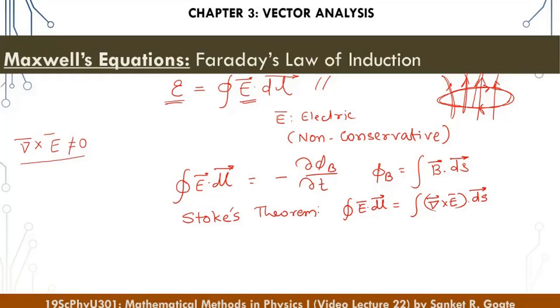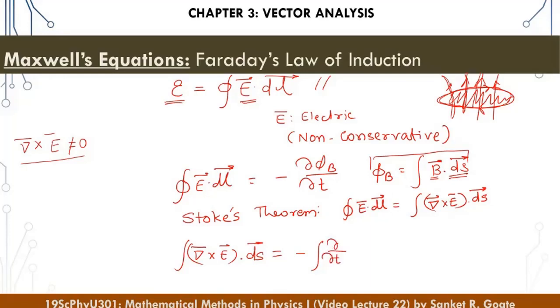And this ds basically means the surface which is enclosed by this closed loop. This is the same ds over which we are integrating the magnetic field to calculate the magnetic flux. And therefore, this equation can be written as del cross E integrated over the surface is equal to minus integration dou by dou t.